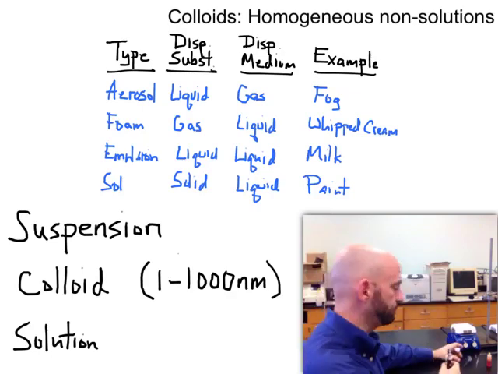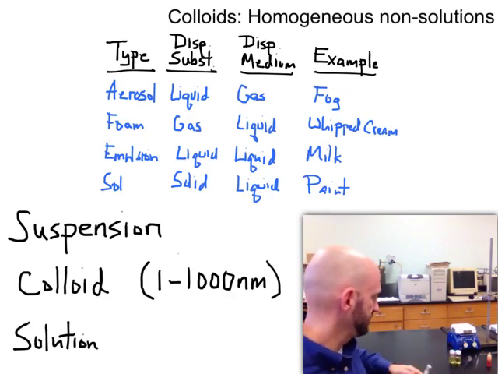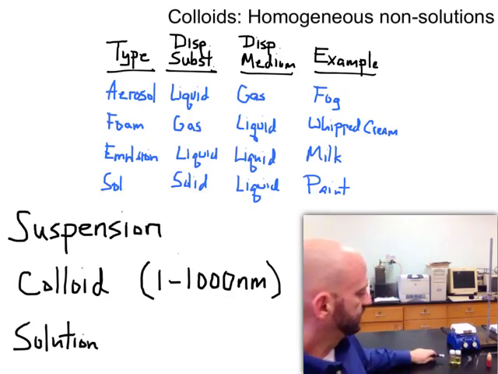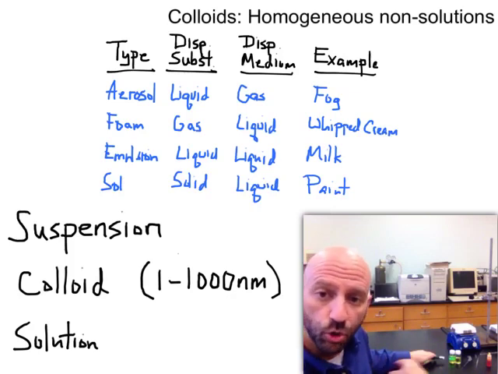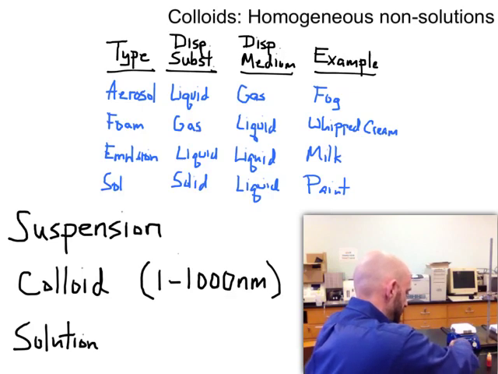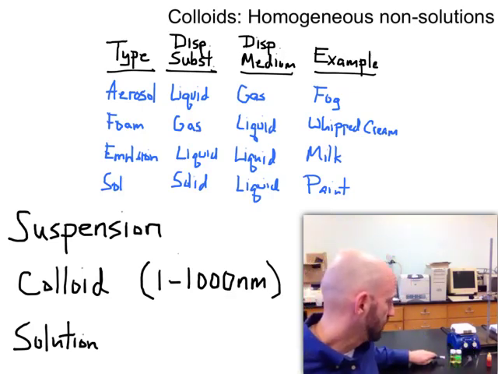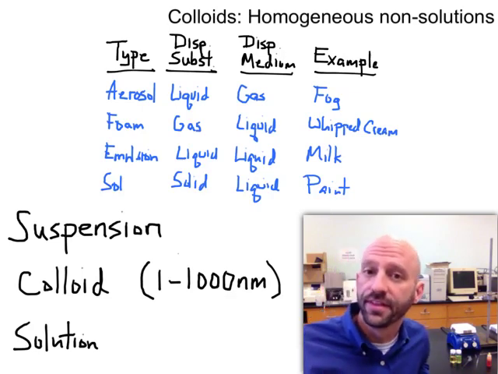So if I put them both here on the table, let me put them in a spot where you can clearly see them. All right, and I'll shine the laser through, right? It gets bounced around in the colloid, but it goes right through the solution. Or if I put the solution in front, it'll go right through the solution, but it gets bounced around in the colloid. So again, that's called the Tyndall effect.